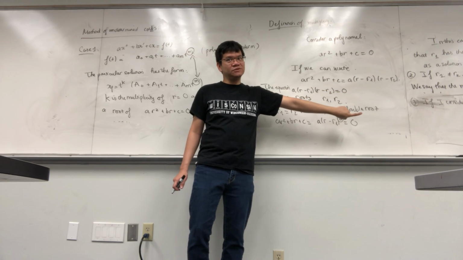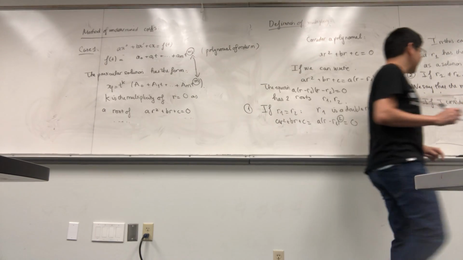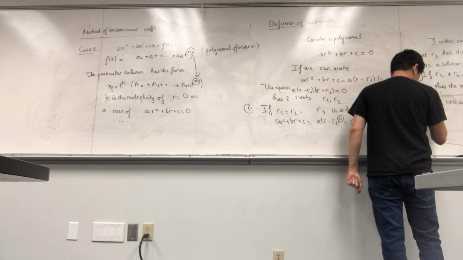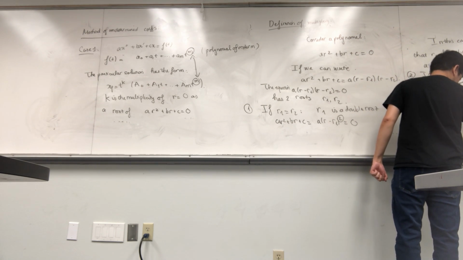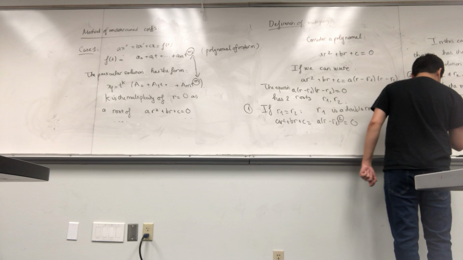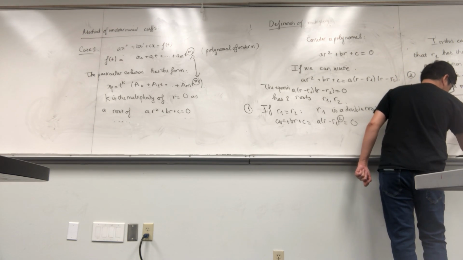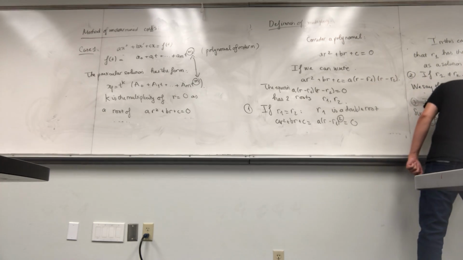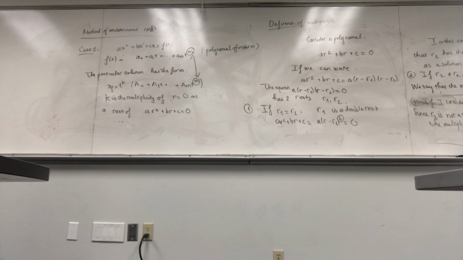Is it a solution of this equation? No. So since R3 is not a solution, the multiplicity of R3 is 0. It's clear? If it's not a solution, then the multiplicity of this number is 0, because you don't see it in the equation, right?